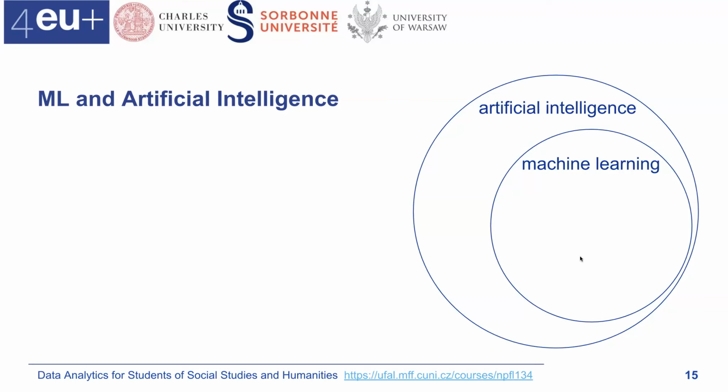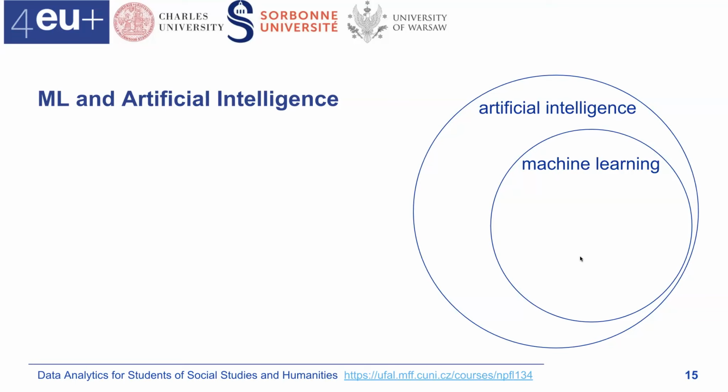Machine learning is a data-driven approach where models are trained on data to learn patterns and make predictions or decisions. So we are interpreting data, searching for patterns in the data. The focus of machine learning is on developing algorithms, methods, or techniques that can automatically learn from data.